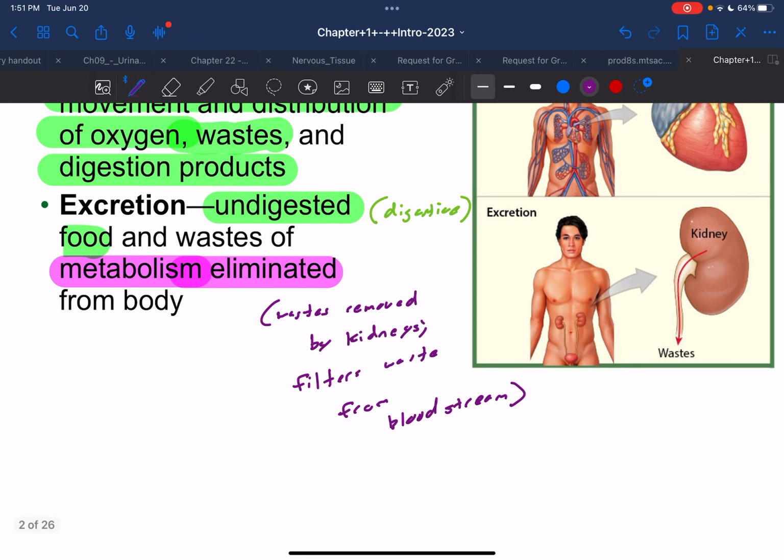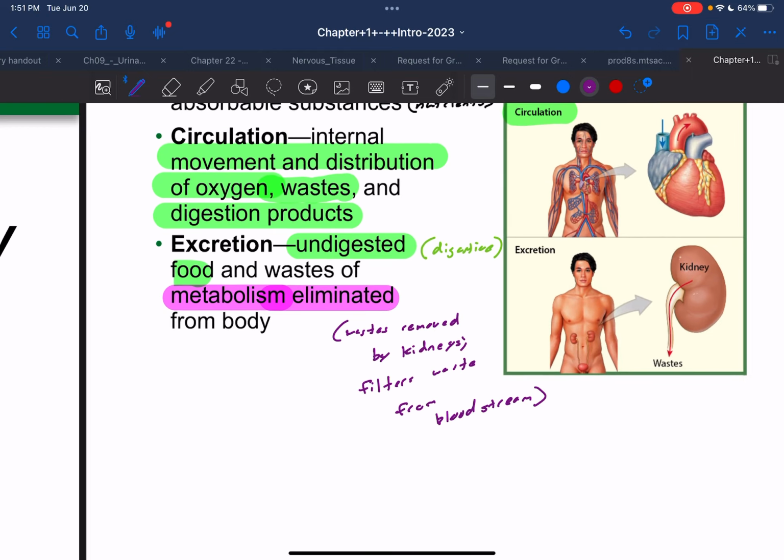And so you're seeing two different forms of excretion here. Digestive is feces, right? Unprocessed or undigested food. And then metabolism, to keep it light, is the waste that your cells produce. More on metabolism a little bit further down the line.